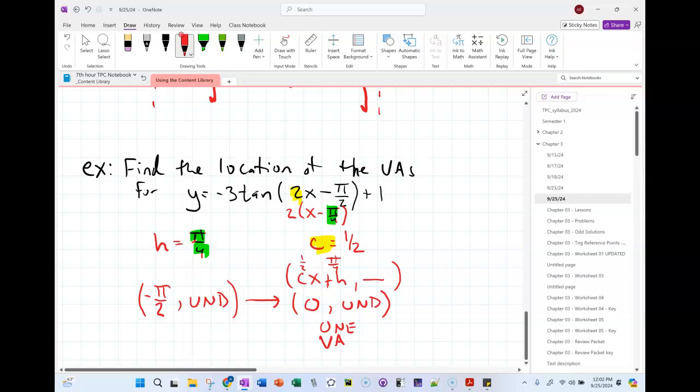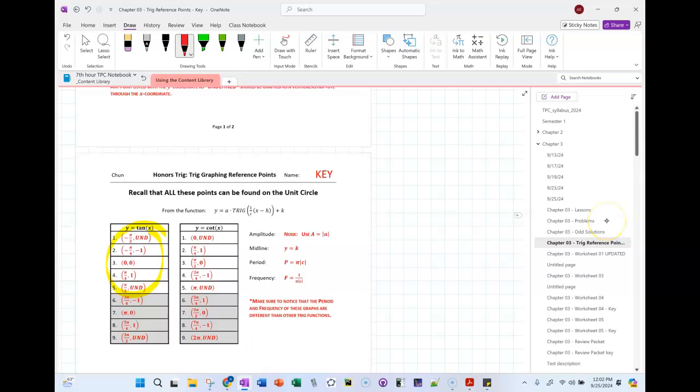Where's the next vertical asymptote after that? Or how far is the next vertical asymptote from that one going to happen? Remember, if we look at our reference points, the start of our period is an asymptote, and the end of our period is an asymptote. So what does that mean? It means that in between each asymptote is one period.